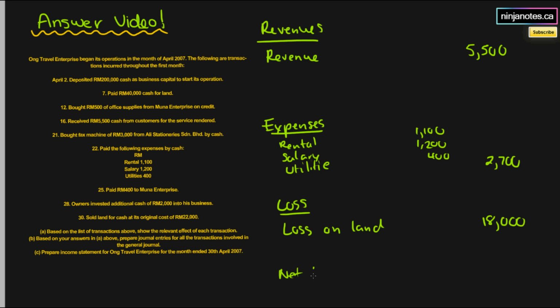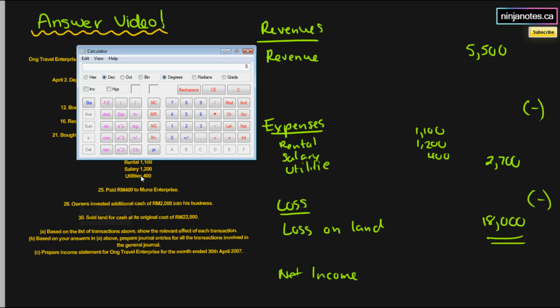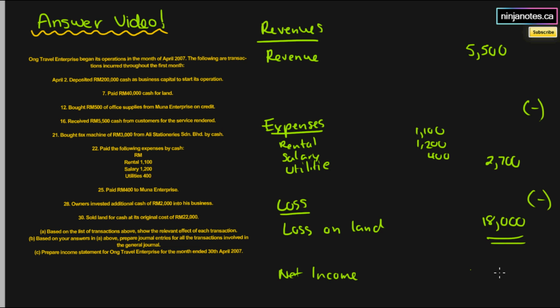And once you summarize this, you should have the revenues subtracting the expenses and subtracting the loss, which should get you $5,500 minus $2,700 minus $18,000 is a net loss of $15,200.